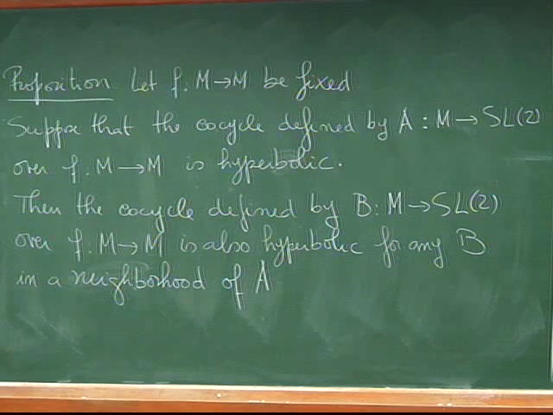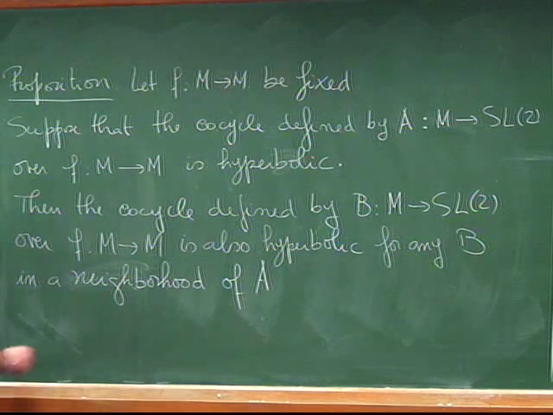I mean uniformly hyperbolic, yeah. In the book I don't say uniformly at all, but it's always in this setting. So in order to speak of neighborhood, I have to tell you what the topology is. And it's the topology given by this distance.